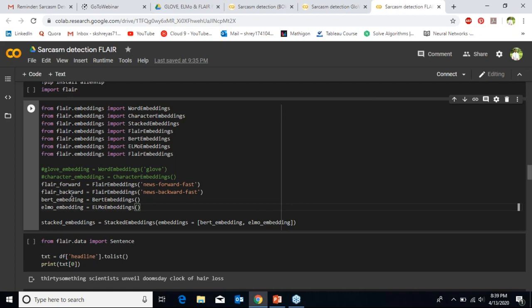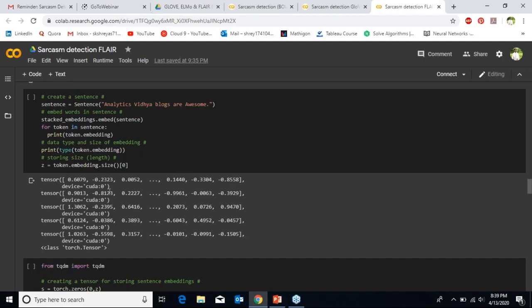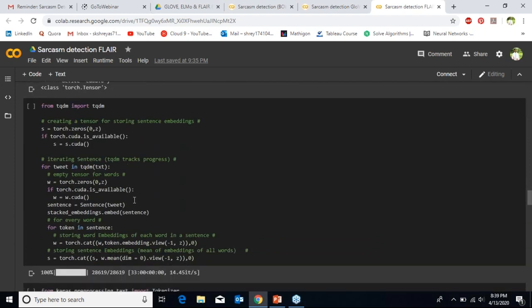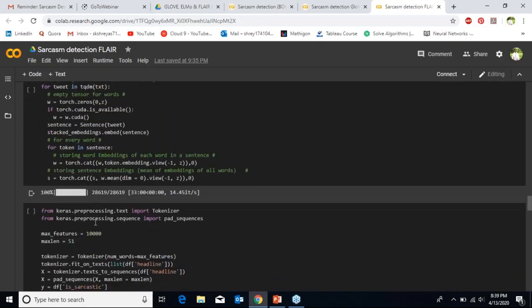Since I've used PyTorch, each and every word in our corpus will be converted into tensors of a particular dimension, whichever we choose. Each word in our corpus is converted into CUDA representations in the GPU, and for each and every token in the sentence, we are storing W and S as variables: word embeddings of each word in a sentence, and sentence embeddings.